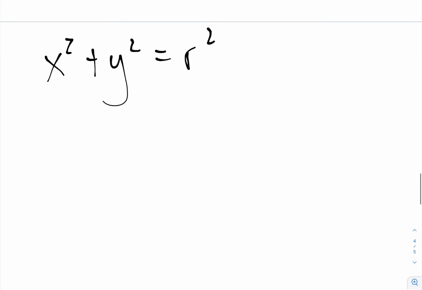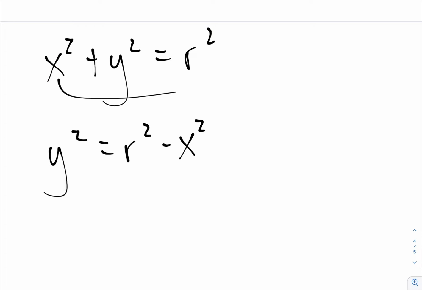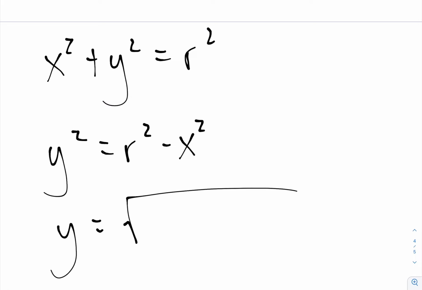Okay, so how can we get y on its own here? Well, y squared is going to be r squared minus x squared if we were to move this x over. Okay, so if we just want y, we just square root that. So y is the square root of r squared minus x squared.